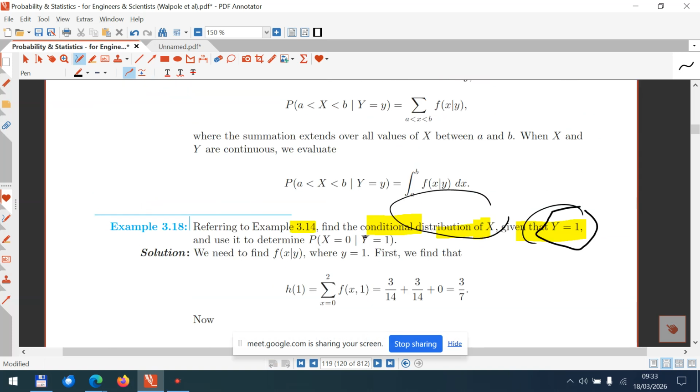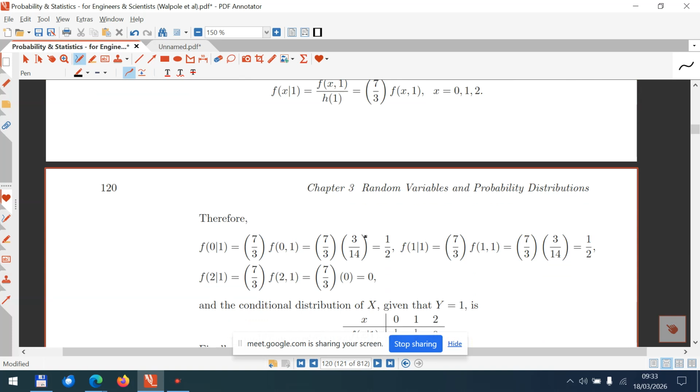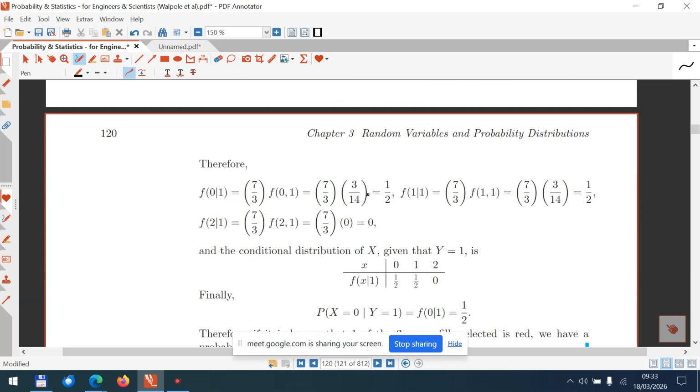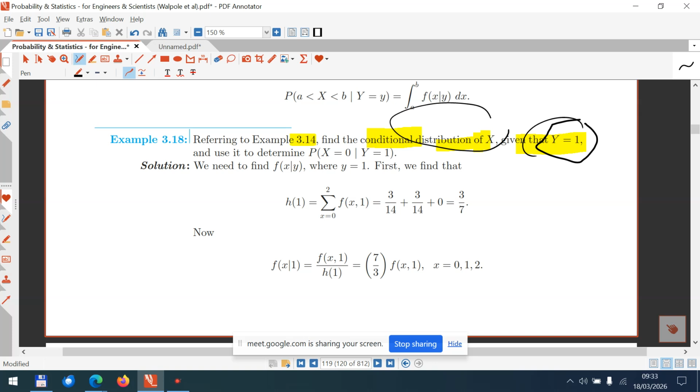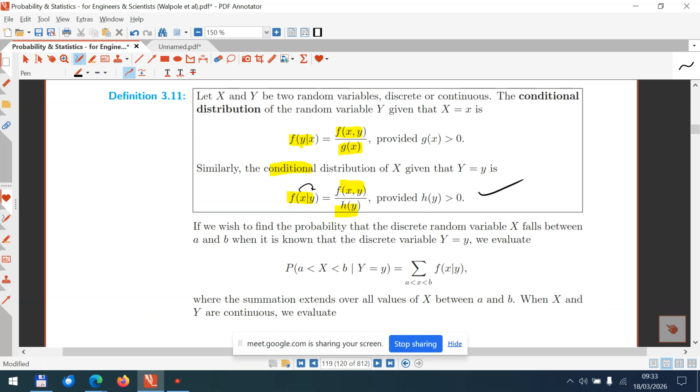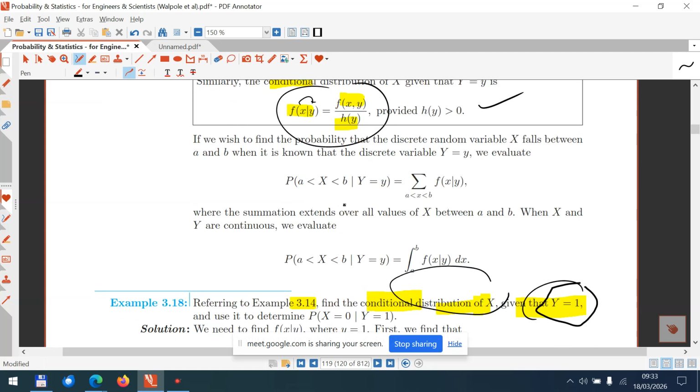You can just look at all the steps, and at the end you have your conditional distribution. You need to remember the steps. You need to select one of these formulas. We are using this formula because it's x given y. Then we need to know what the denominator is.